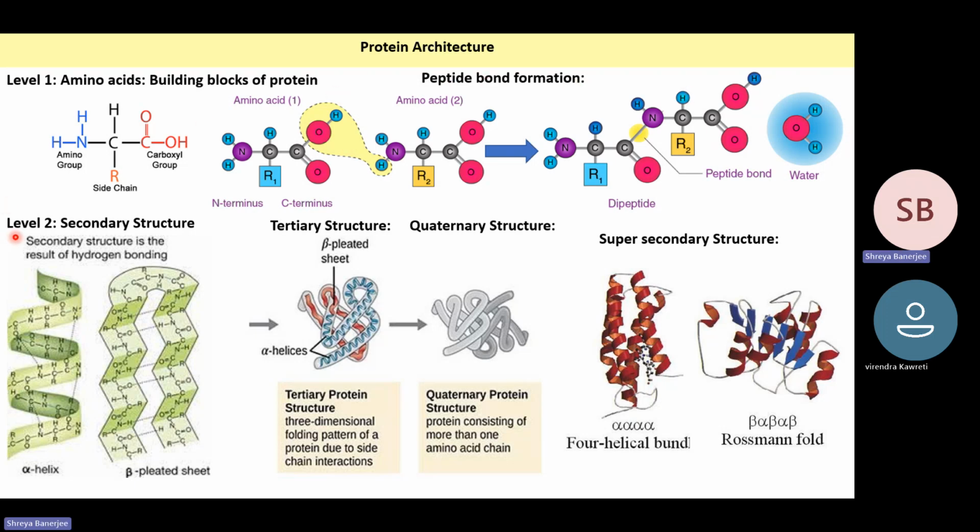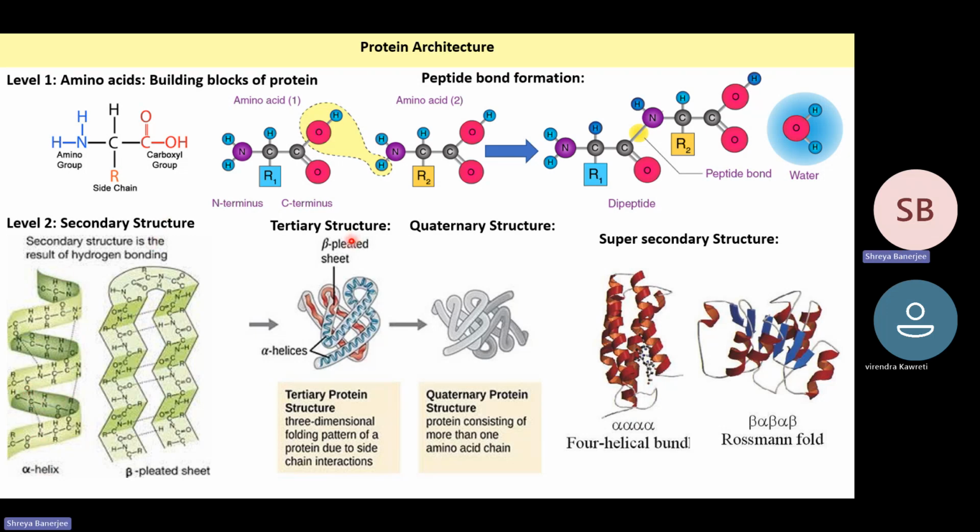The second level of organization is the secondary structure, where the chain of amino acids is arranged in stable structures, which can be alpha helix or beta sheet, which are stabilized by hydrogen bonds between the carbonyl C=O and amide NH.